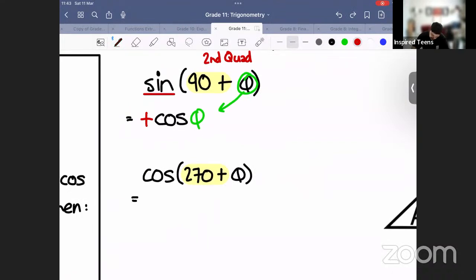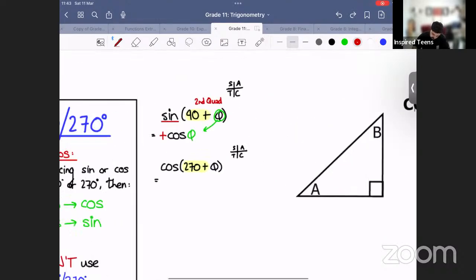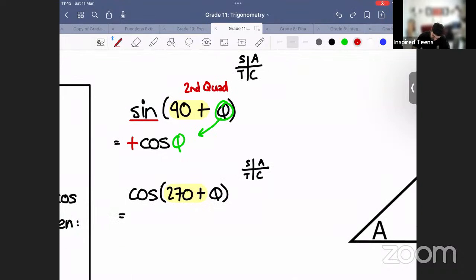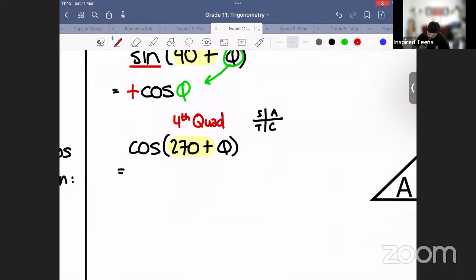Then you ask yourself, again, we're not that smart, so we do a little cute CAST diagram. You ask yourself, where is 270 plus? That's in the fourth quadrant. Then, so it's supposed to be sine, it's fine.